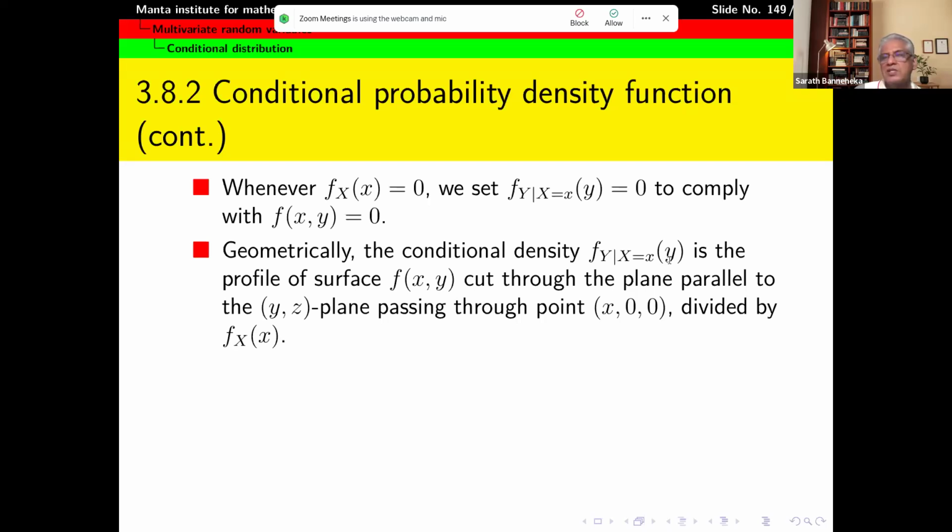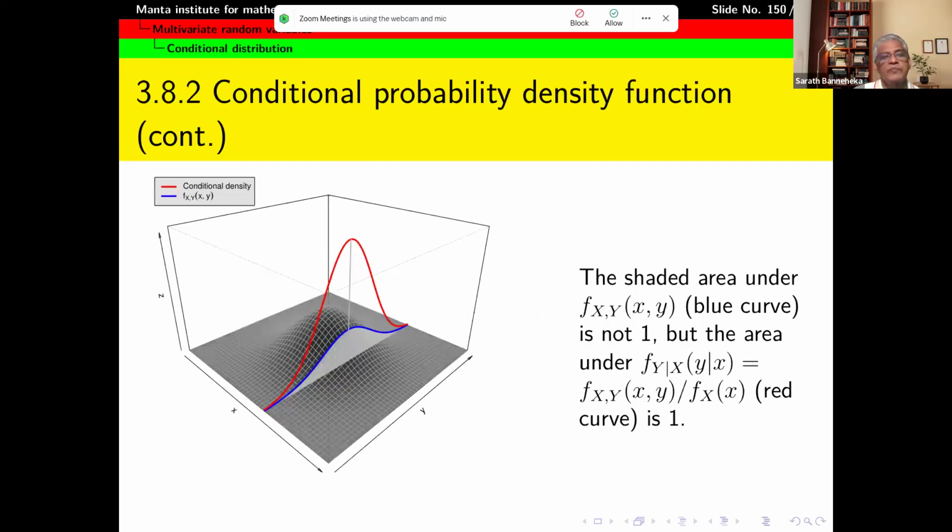So the conditional density is that curve divided by the marginal density function of x. By dividing by that, we are normalizing the conditional density function so that the area under it is equal to 1. To see this, we will look at this picture, right?